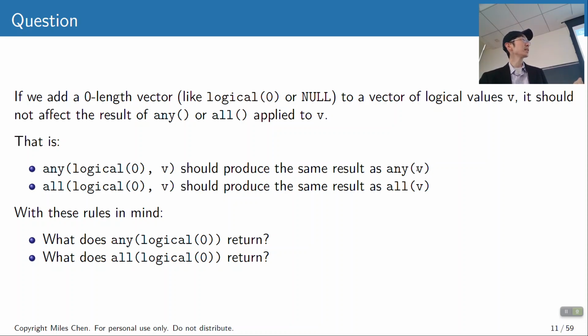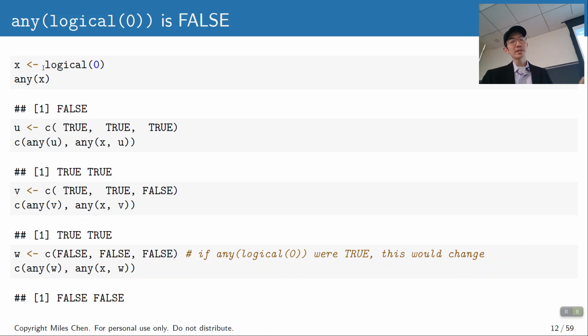But let's say v is a vector of all falses. Then any on v will return false. And so if logical 0 produced anything other than a false, then mixing anything other than a false with all falses is going to change the result here. So any on a logical 0 is going to return false.